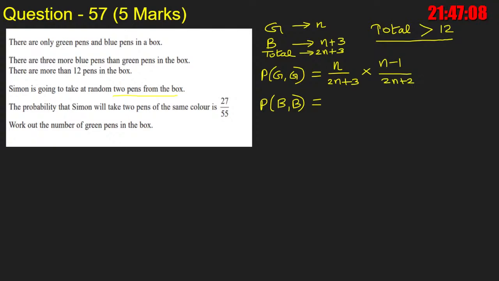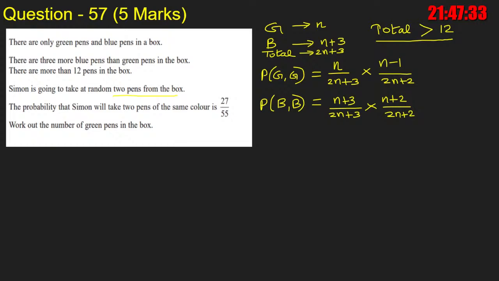And BB means blue and blue. Blue is n plus 3 over 2n plus 3, times, take away 1, so n plus 2 over 2n plus 2. So that is the probability.